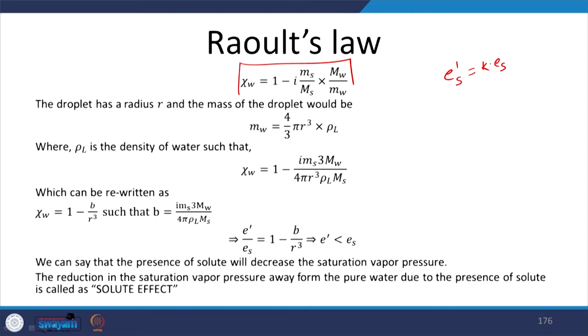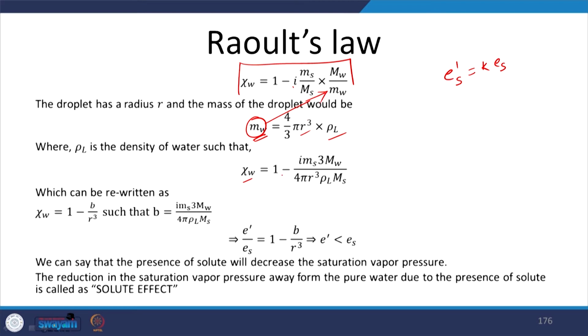So, now let us say we have this water as a droplet which has a radius r, and we are trying to get the mass of the droplet mw, where rho l is the density, and the droplet has a radius r. So, for mw we substitute this into chi w.